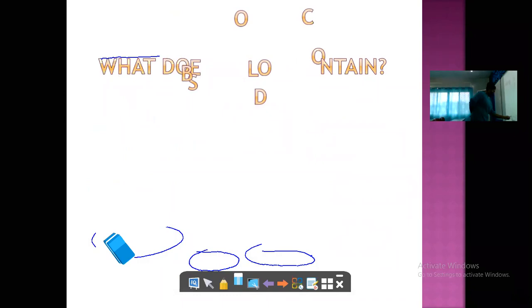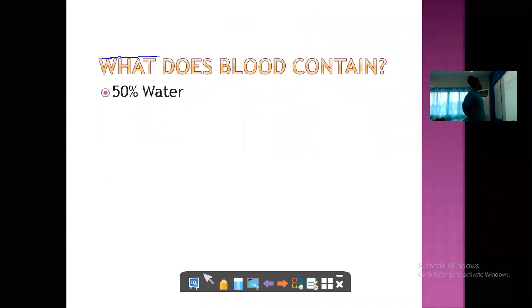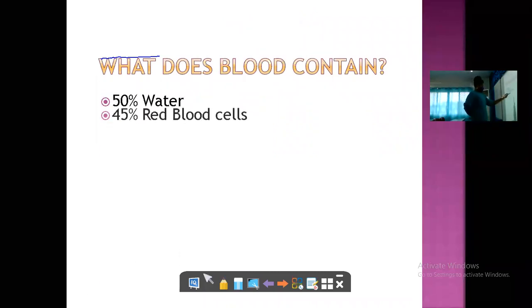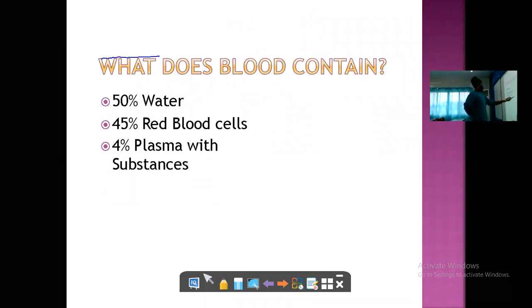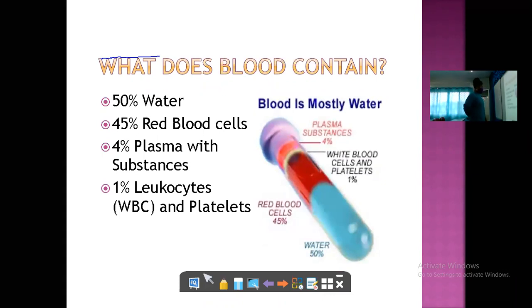The next thing we're going to look at is all these things that we mentioned: 50% water, 45% red blood cells, 4% plasma with substances like food nutrients and hormones, and 1% leukocytes and platelets.